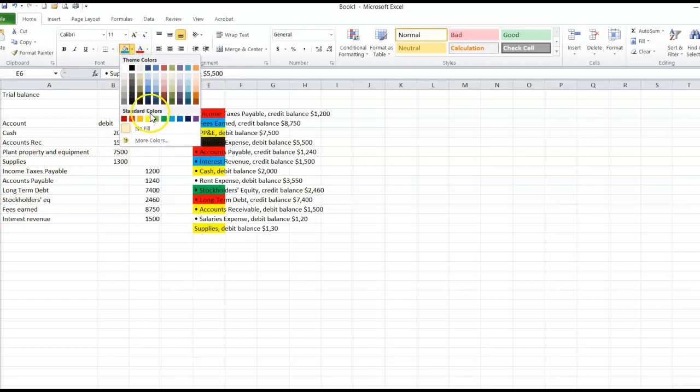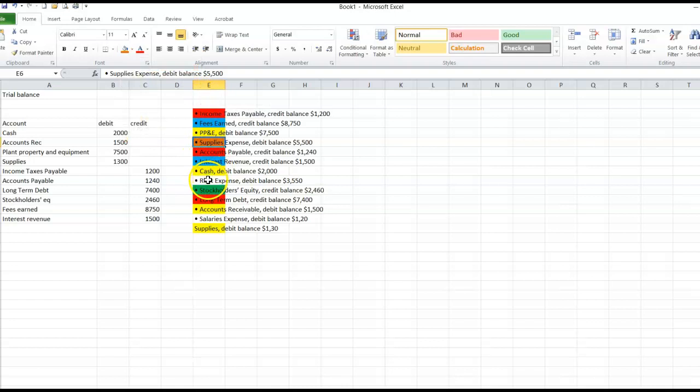And we're going to highlight those in green. No, I'm not going to use green. Green is already used. I'm going to use brown. That might work better. Brown and brown. So let's do them. And it doesn't really matter what order you put them in in terms of supplies expense and the others. I'm just going to put them in order from top to bottom.